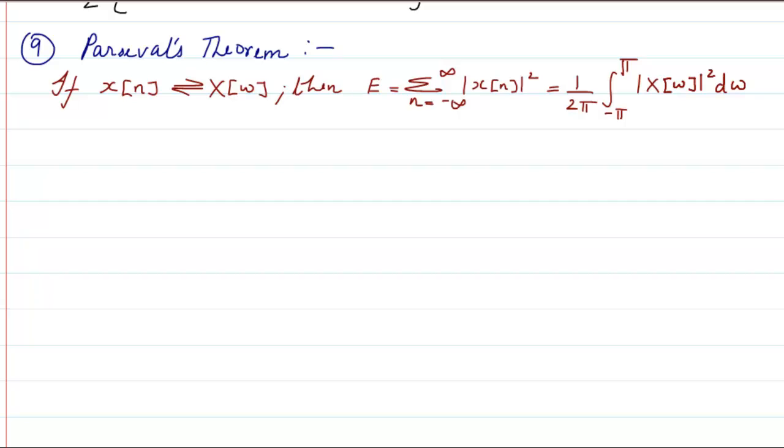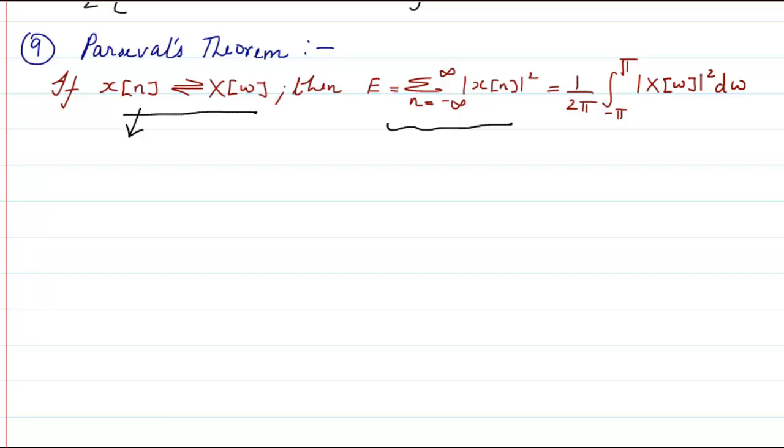Next is Parseval's theorem, which basically states that if you have an x of n whose x of omega you have already calculated, then you can find the energy of x of n using this formula, because it's a discrete sequence.